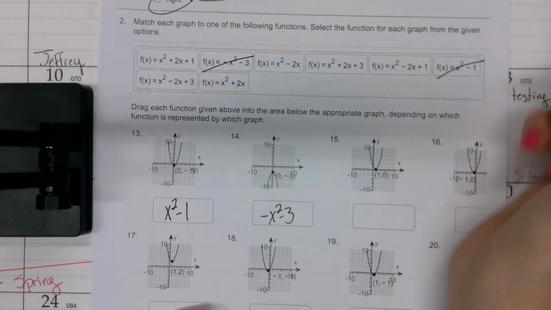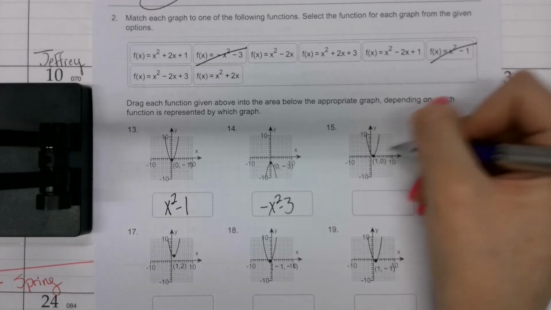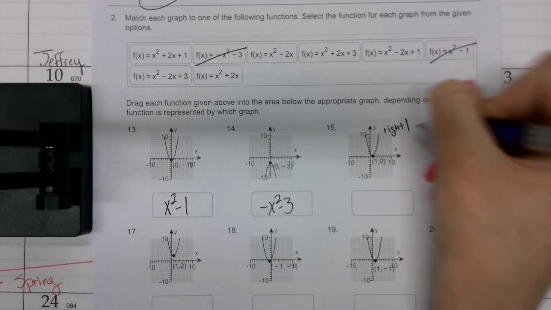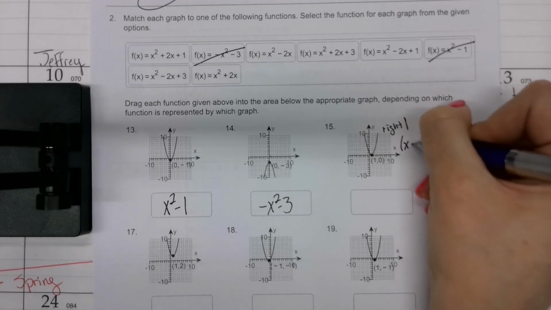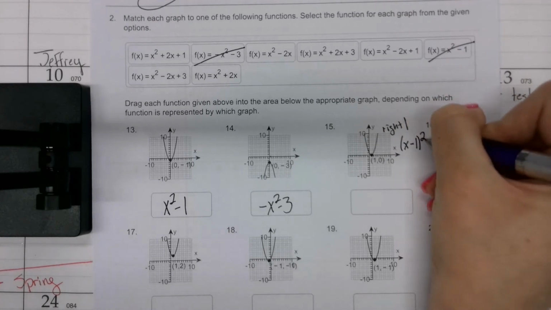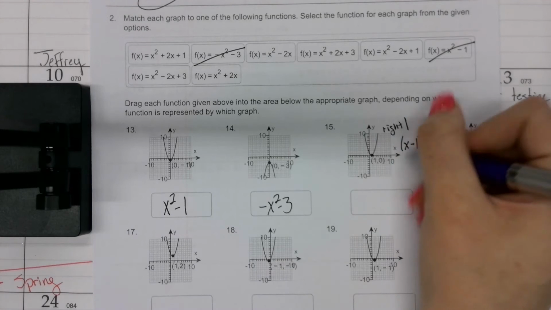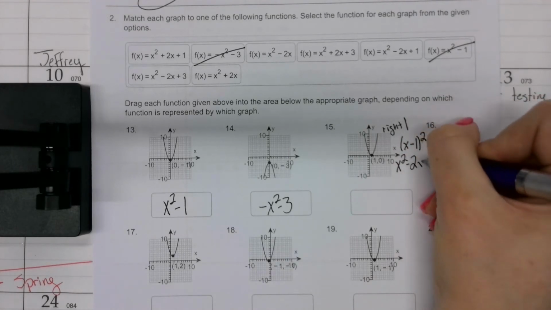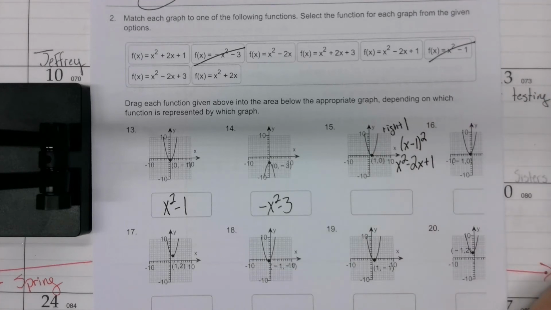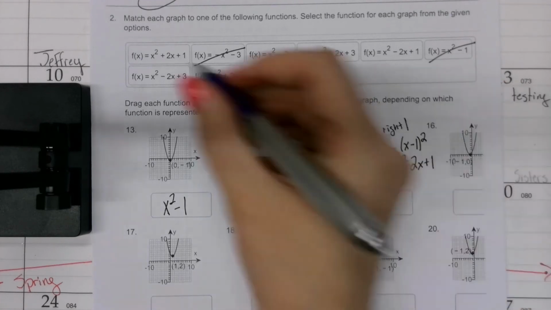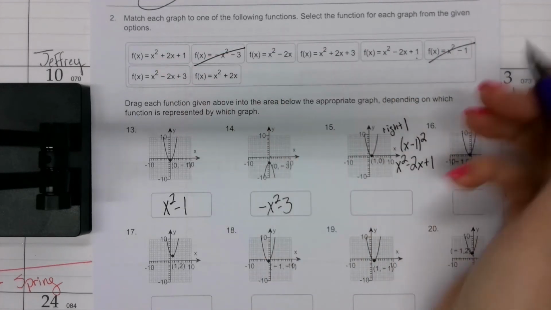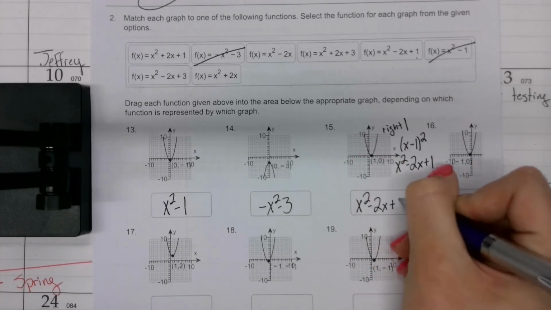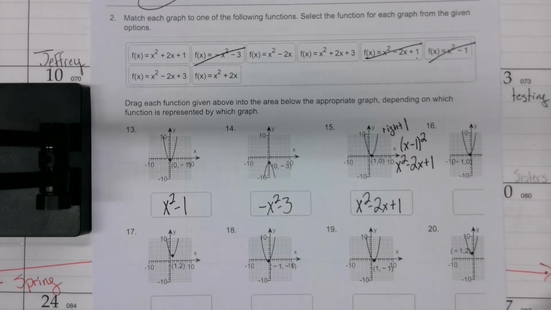Okay. So over here we have it went right 1. So I'd have (x subtract 1) squared. So I'd have to FOIL this to get x squared subtract 2x plus 1.